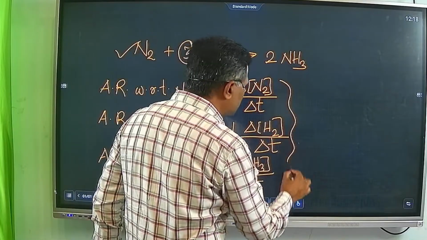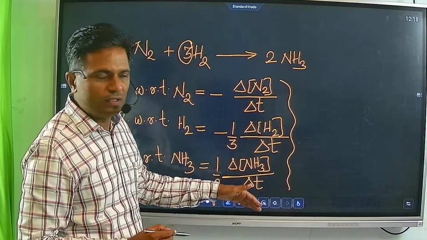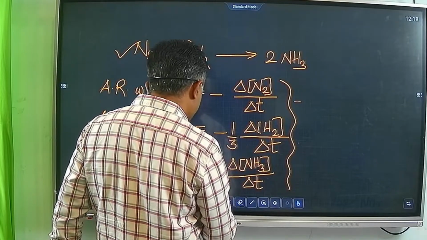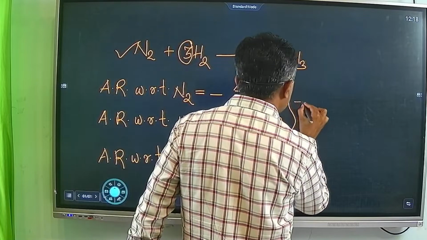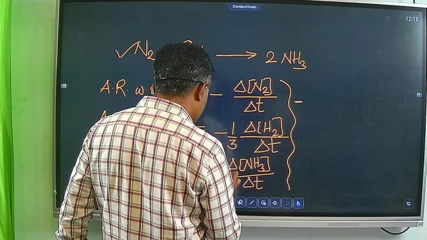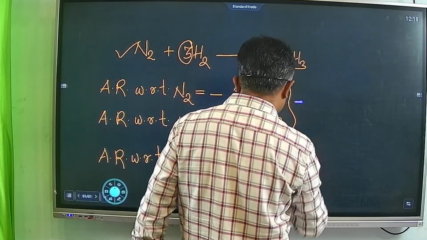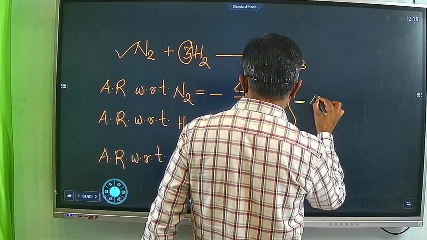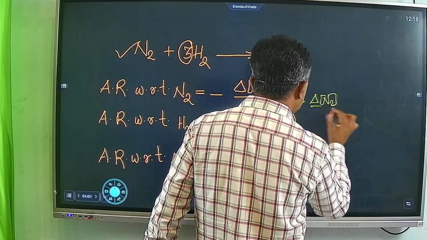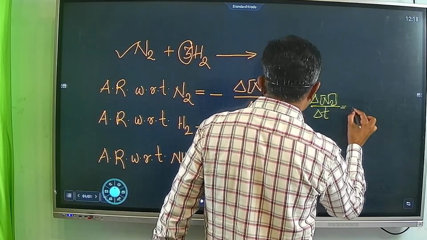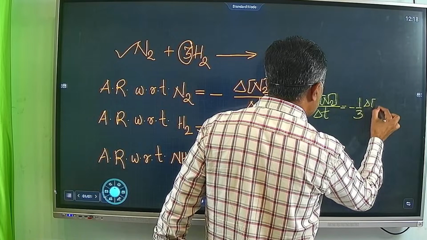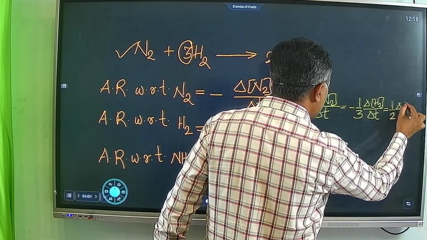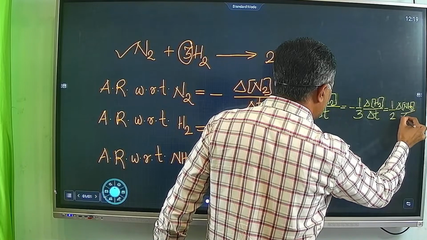Now these three rates are equal. That means you can write minus delta [N2] upon delta t is equal to minus 1 by 3 delta [H2] upon delta t is equal to 1/2 delta [NH3] upon delta t.